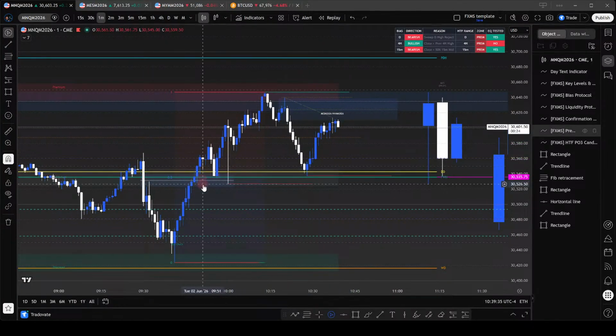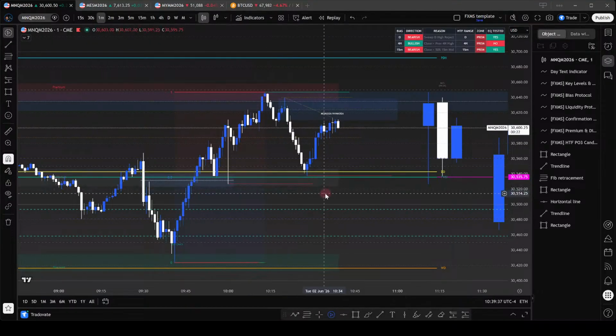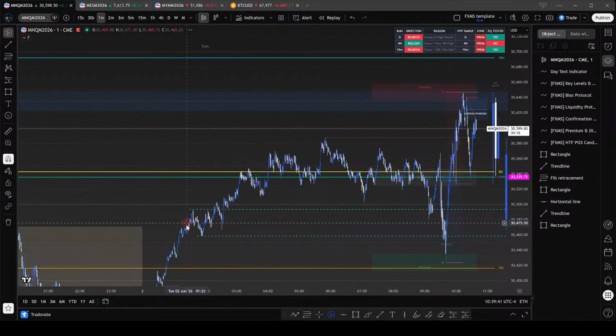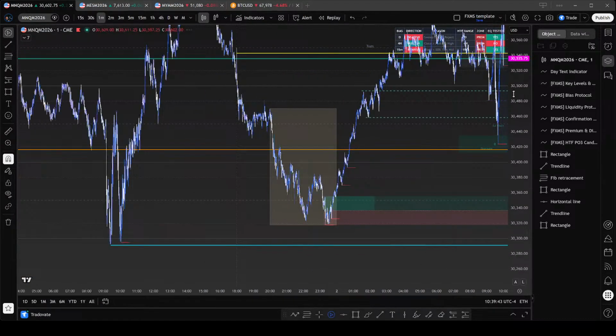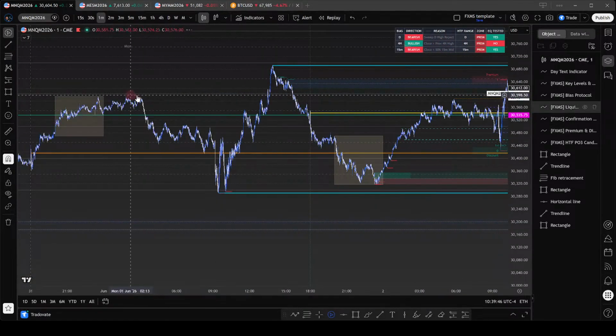And I don't want to take anything in the middle here where it's consolidating, right? So I want to see a range broken out. This is now our consolidation. This was our consolidation, or it still is rather.